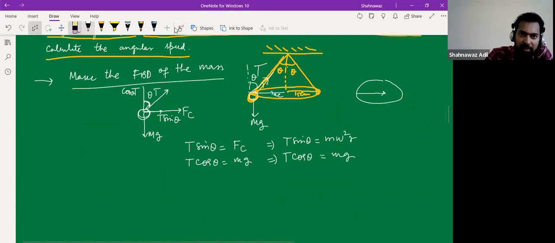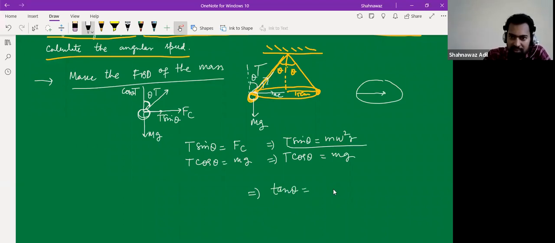Dividing this one, we'll get tan theta is m omega square r by mg, right? So this m will be cancelled, right? So this will be tan theta into g by r is omega square, right?